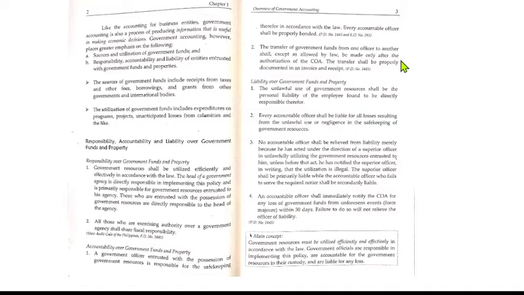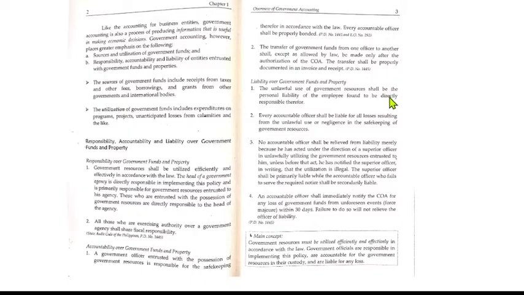So kung nalipat yung position to the other, dapat lahat ng assets related to that ay malipat din. So hindi pwedeng dadalhin niya yun sa next position. Yun yung sinasabi diyan. So any loss or damages related to that will be shouldered by the accountable officer or yung kung saan naka-enlist yung property na yun.